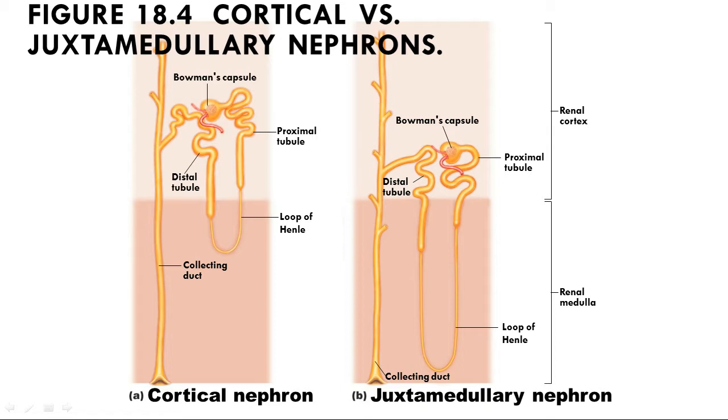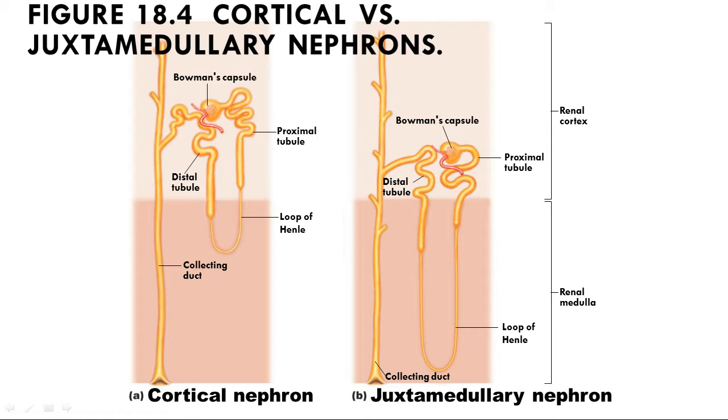And it's the juxtamedullary nephrons which contribute to this. So again, the juxtamedullary nephrons help establish a concentration gradient from the cortex to the medulla region of the kidney itself.